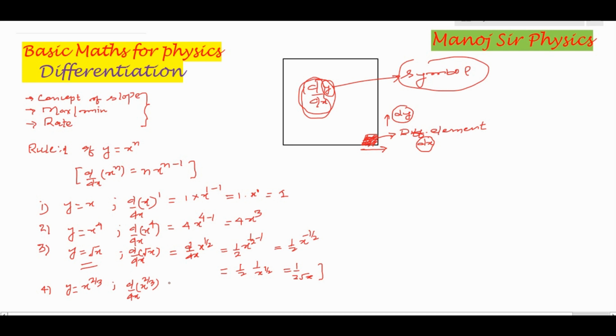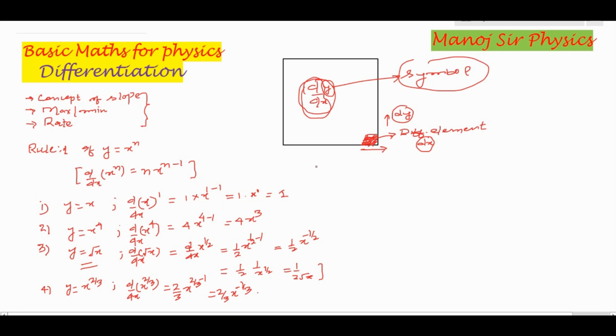Here, the value of n is 2 by 3. 2 by 3 I can write as it is, and x raised to 2 by 3 minus 1. That will be 2 by 3 times x raised to 2 by 3 minus 1, that is minus 1 by 3. So this is the answer of a few examples.